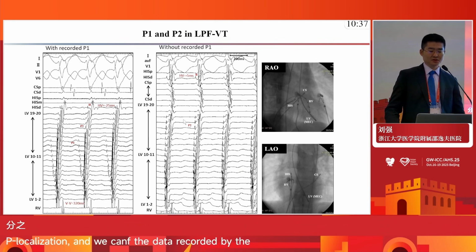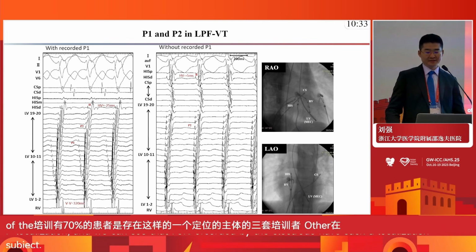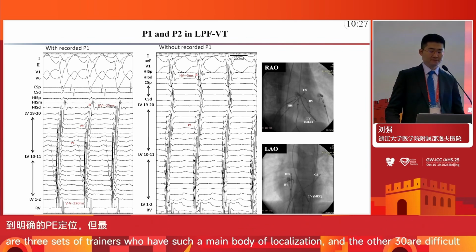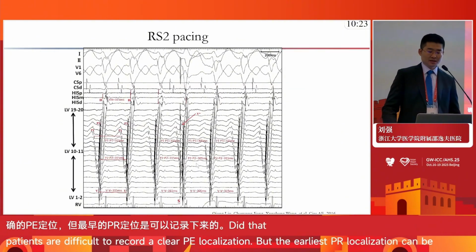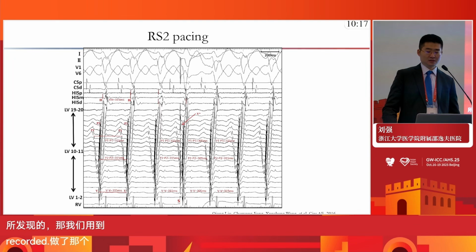In the other 30% of patients, it is difficult to record a clear P1 potential, but the earliest P2 potential could be recorded from the duodecapolar electrode. And we used two pacing maneuvers to try to explain the circuit of the tachycardia.